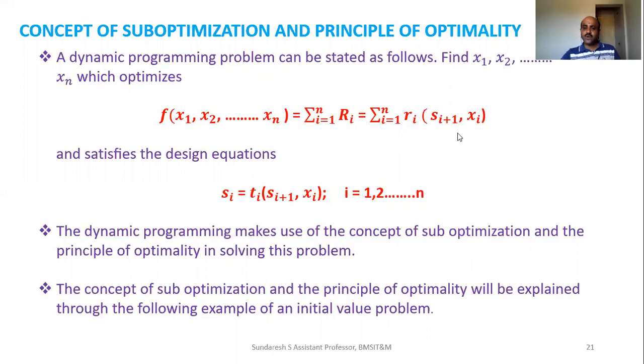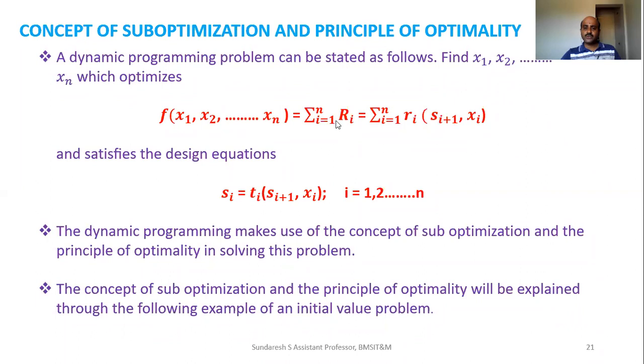So these equations we have already used, and we have already written these equations in the previous slides, so that you can understand here. So this is the function, the objective function, which we are going to optimize, which is a function of the input variable and the decision variable.